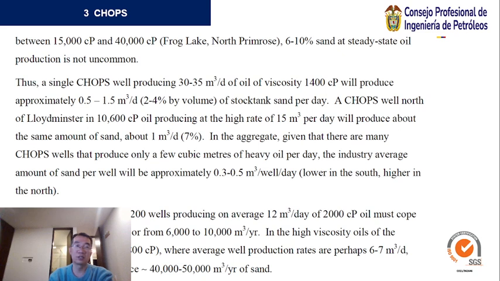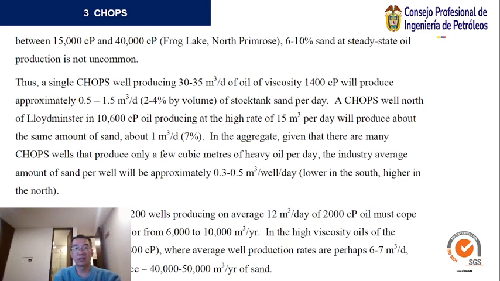Steady state oil production is not uncommon. Thus, a single CHOPS well producing 30 to 35 of oil of viscosity 1400 cp will produce nearly 0.5 to 1.5 of stock tank sand per day.